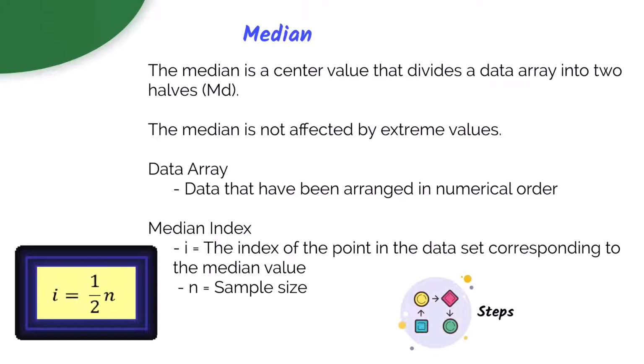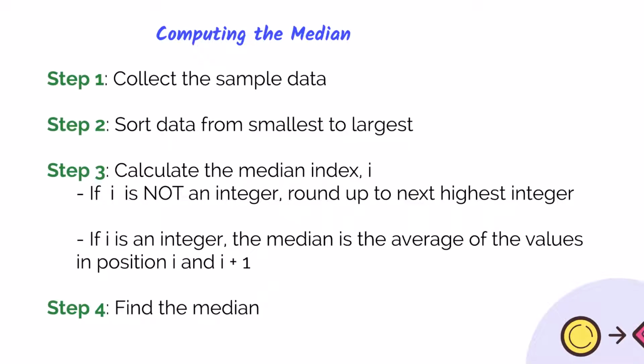Let's walk through the steps to compute the median. The first step is to collect our sample data. The second step is to order it from smallest to largest. The third step is to find the median index, or i. This step will be different depending on whether the median index is an integer.